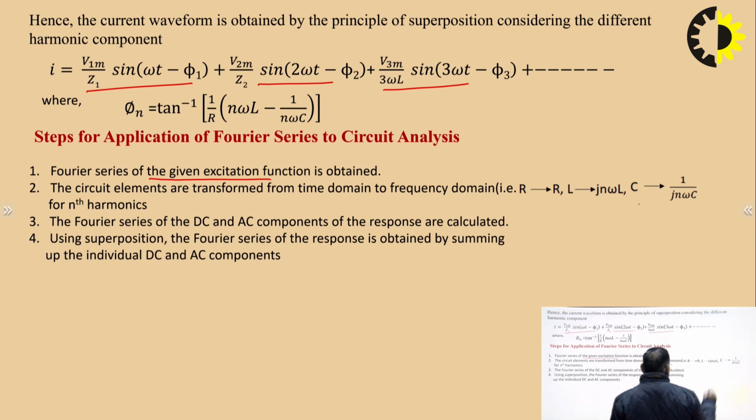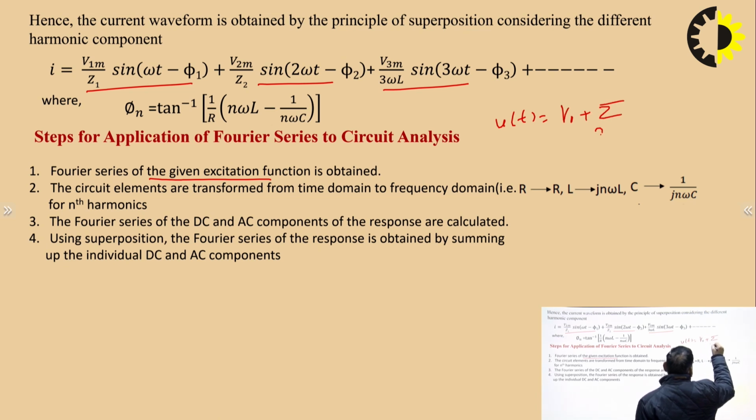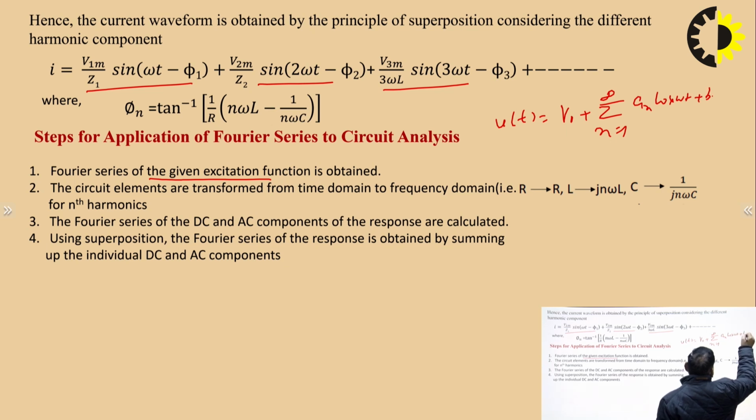The Fourier series is, suppose V(t), we can write either in the trigonometrical, exponential or cosine form. If you go for the trigonometrical form, we can write V0 plus summation n equal to 1 to infinity of an cos n omega t plus bn sin n omega t.